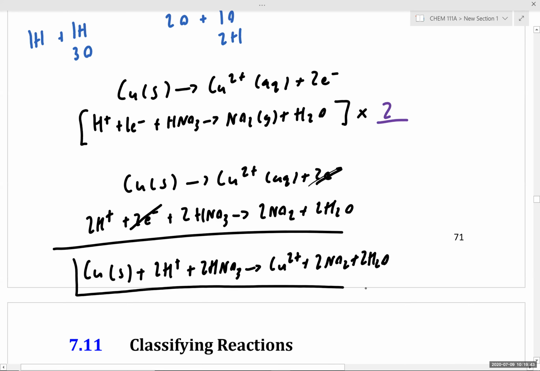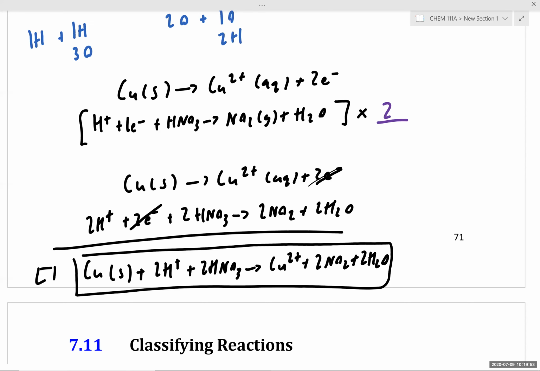Now I'd like you to check, looking at this equation, is this equation balanced? Perfect. So we put a check.